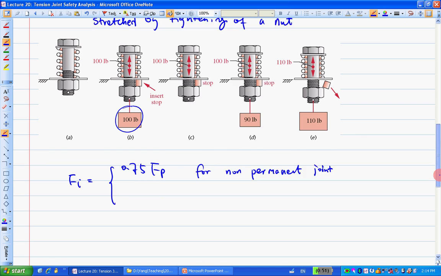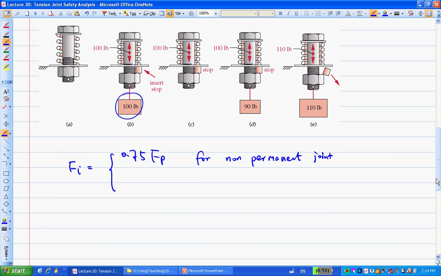Non-permanent joint basically means you probably need to take off the cover or the joint to do some regular maintenance. That's a non-permanent joint. But if it is a permanent joint, then it's 0.90 Fp.